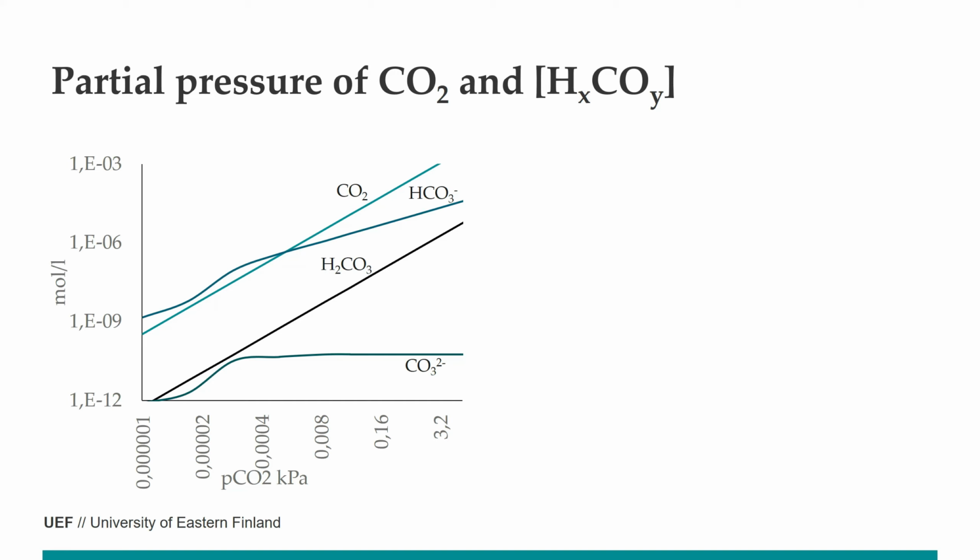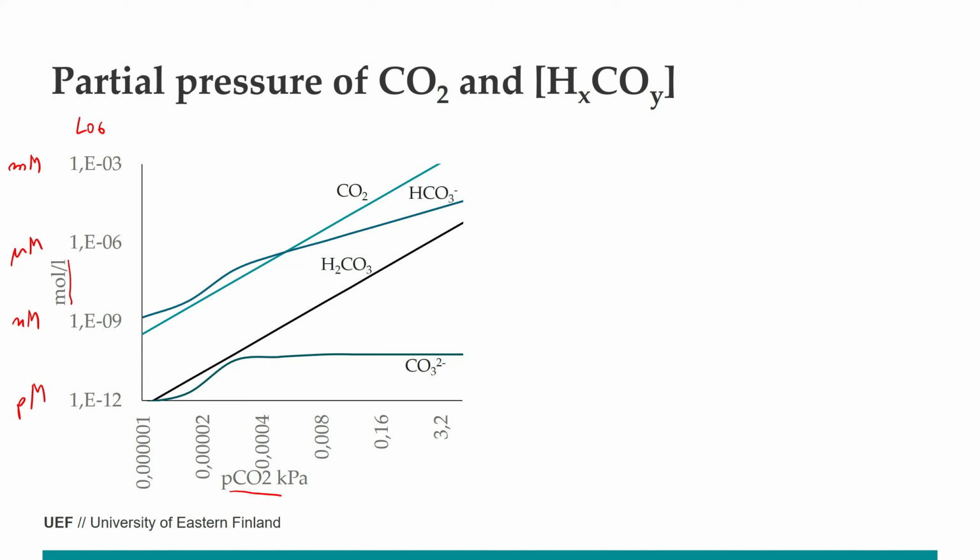First of all, we have over here the partial pressure of carbon dioxide, and over here we have the concentration of these different molecules. And this is a logarithmic scale. So this is millimole per liter, this is micromole per liter, this is nanomole per liter, this is picomole per liter.